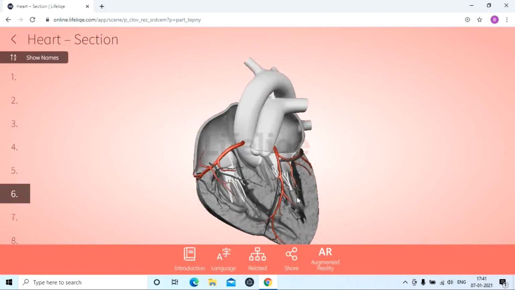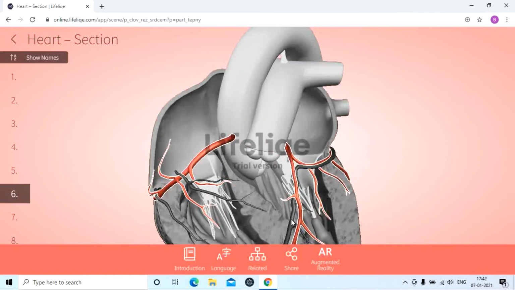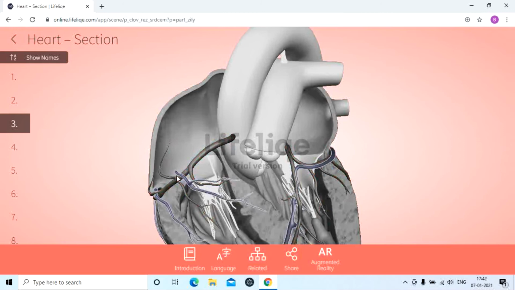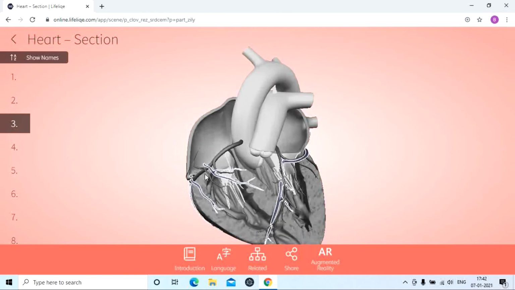and from the different parts of the body the carbon dioxide rich blood is generally collected by the vein. This blue color structure that you observe inside the heart is the vein. So the vein collects all the carbon dioxide rich blood and it enters the left atrium.